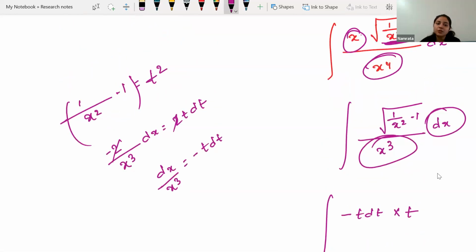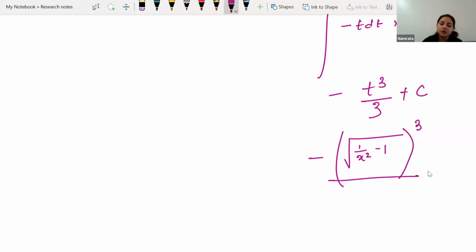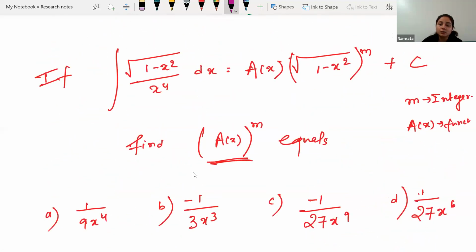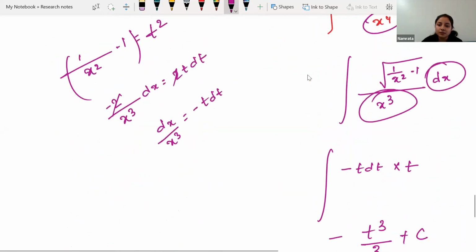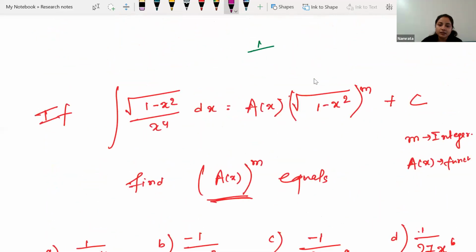Now we will do the back substitution. What is t? T is under root 1 by x square minus 1. That is t, and whole cube we will take, over 3, plus c. We have to check our right hand side also. Is it possible to make it like that? So under root 1 minus x square, we will be getting.